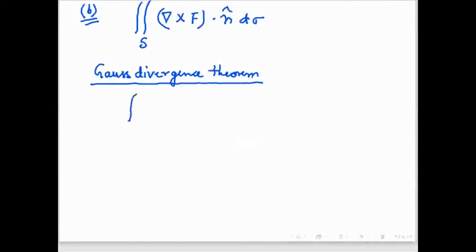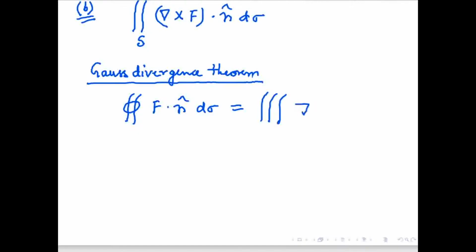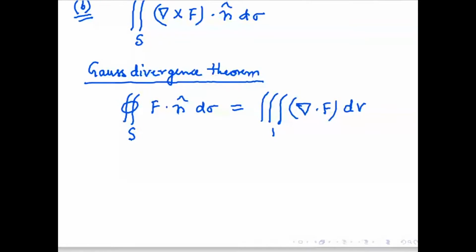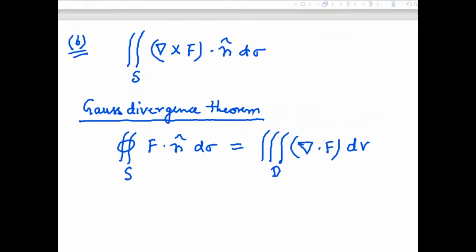It says that the integration over the closed surface f dot n cap d sigma is the same as the triple integral of del dot f dv. If the surface here is S, then this is the volume enclosed by the surface S. So this theorem we will use. The thing is that we can apply this theorem only if the surface is closed.